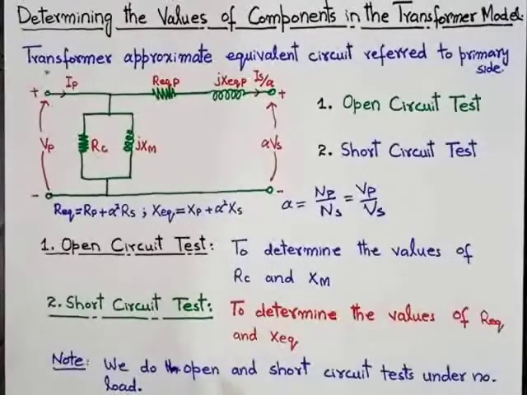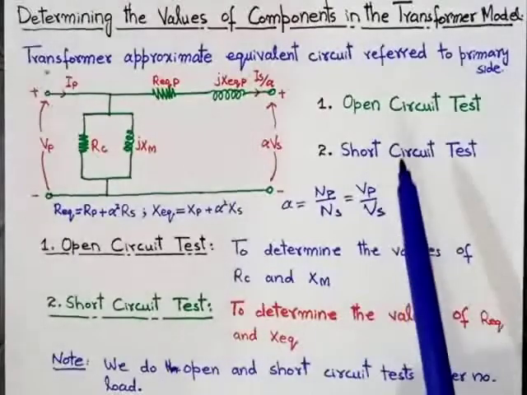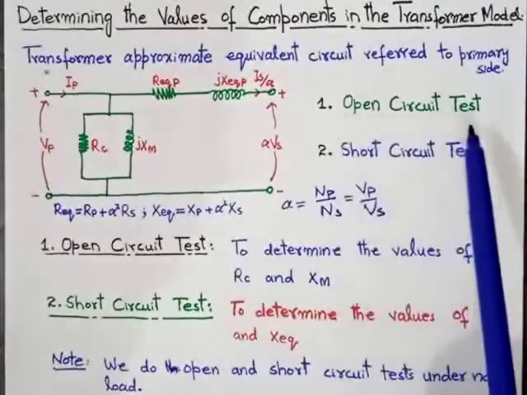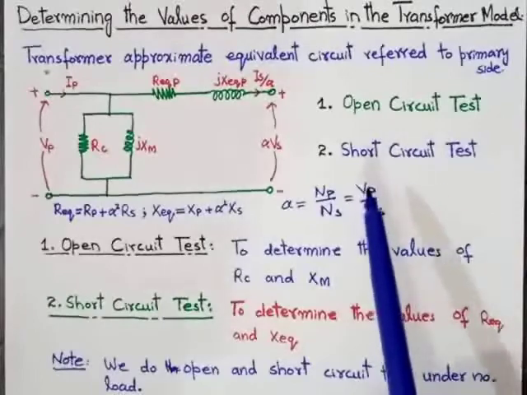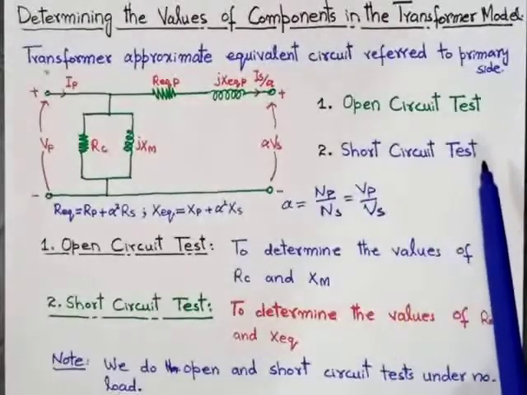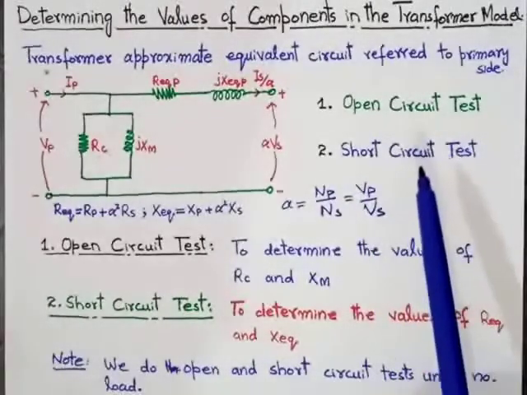Usually we do the open circuit and short circuit tests under no load condition. It means we perform the open circuit test and the short circuit test of the transformer under no load condition.